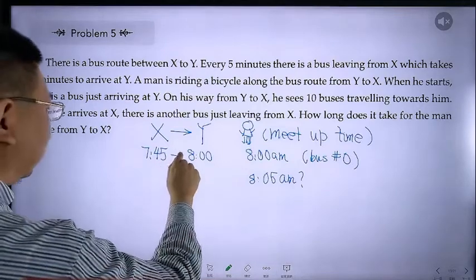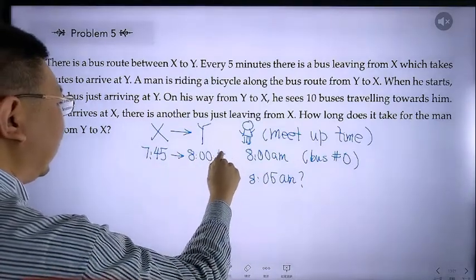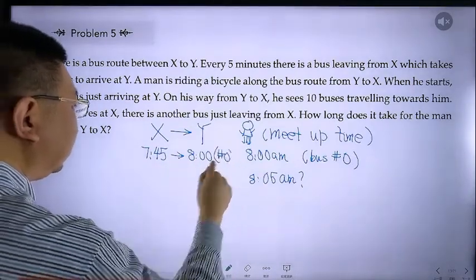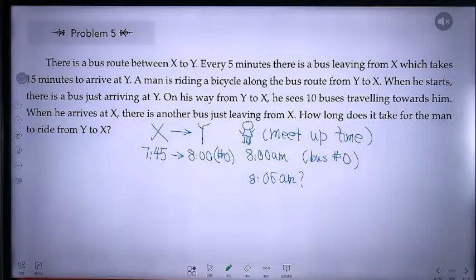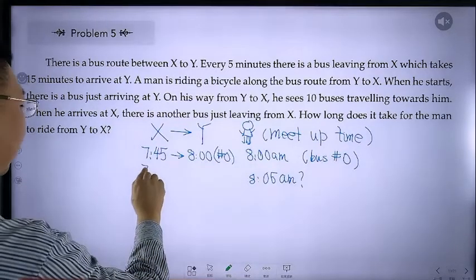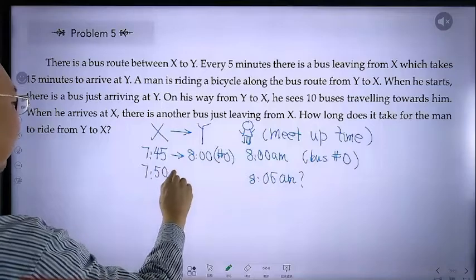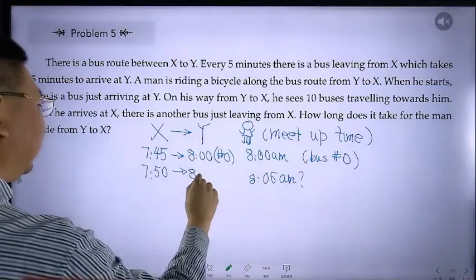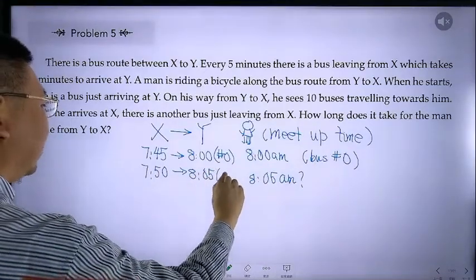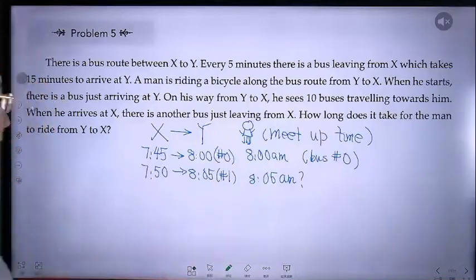And then we know that this would be our bus number 0. Then what's next? The bus number 1 must start at 7:50 and arrive at destination Y at 8:05. So that would be bus number 1. Then I think we have a relatively easy life now.